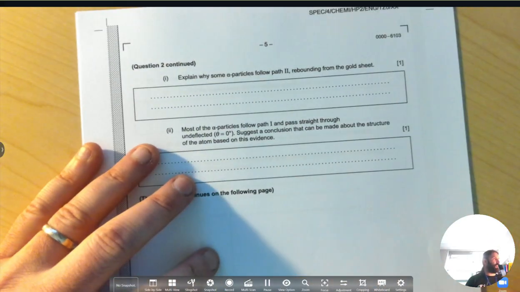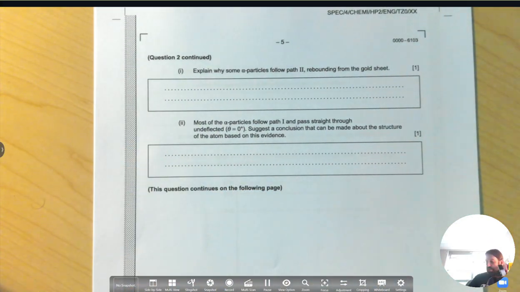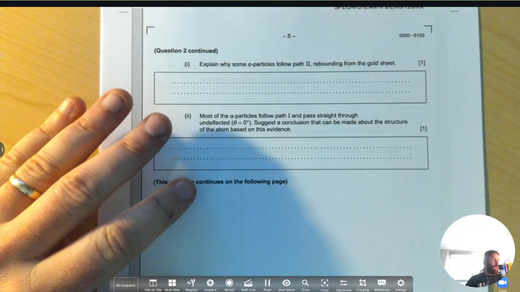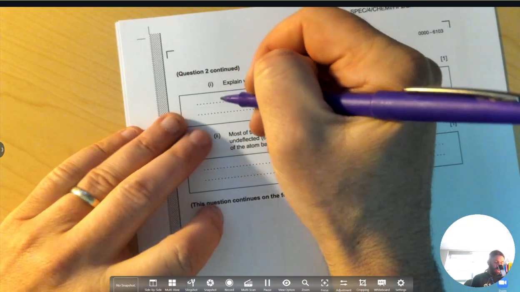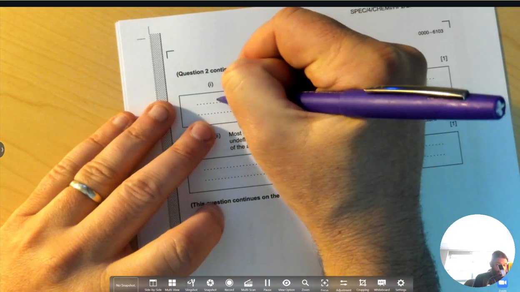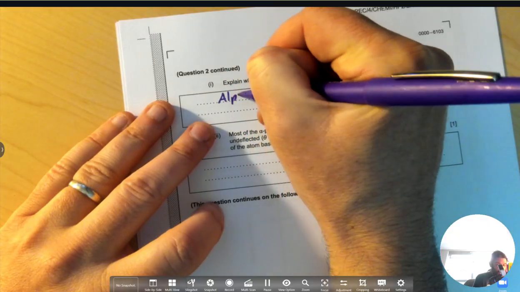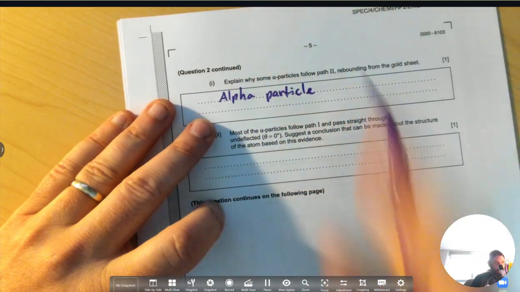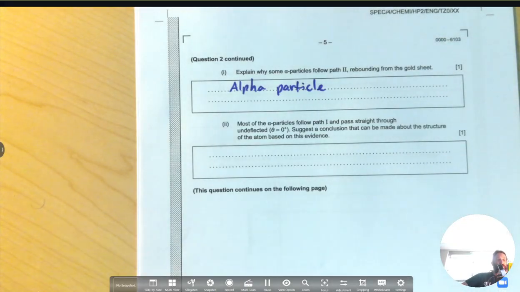So explain why some of the alpha particles followed path 2, rebounding from the gold sheet. So there's path 2. They went in and bounced back. And the reason why, I would say, is the alpha particle struck the nucleus. Most of what we talk about in general chemistry has to do with electrostatic attraction and repulsion.